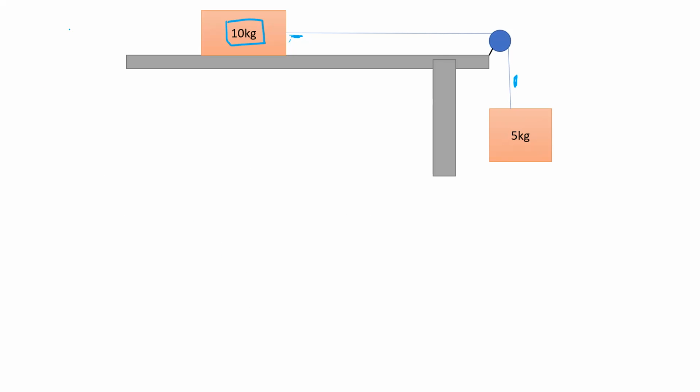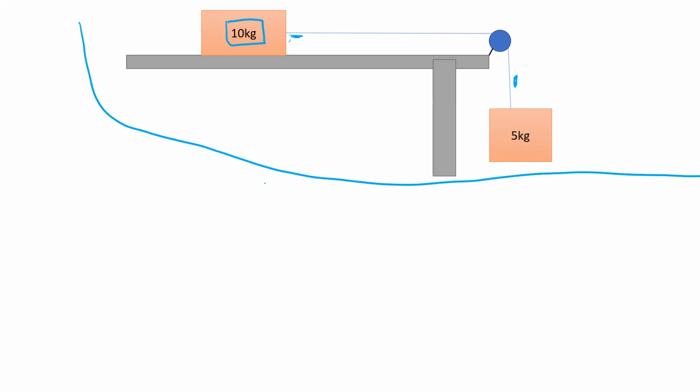Let's separate this. So let's assume that this is the table and this is the 10 kilogram block on top of the table. And there's a string towards the right side.